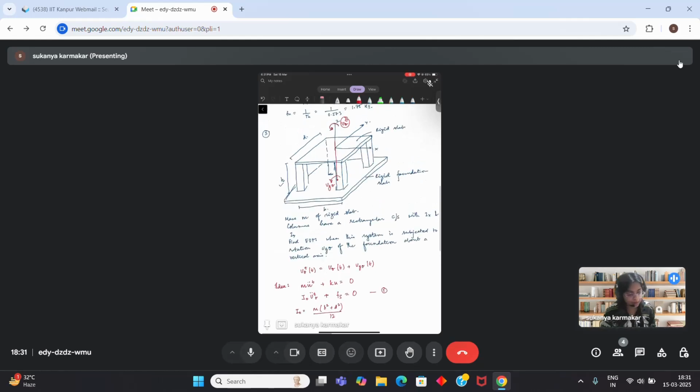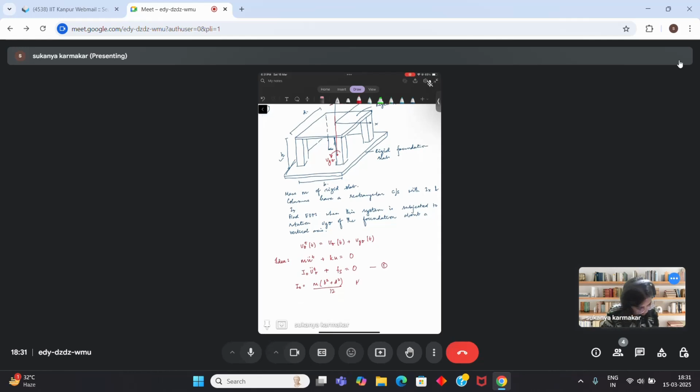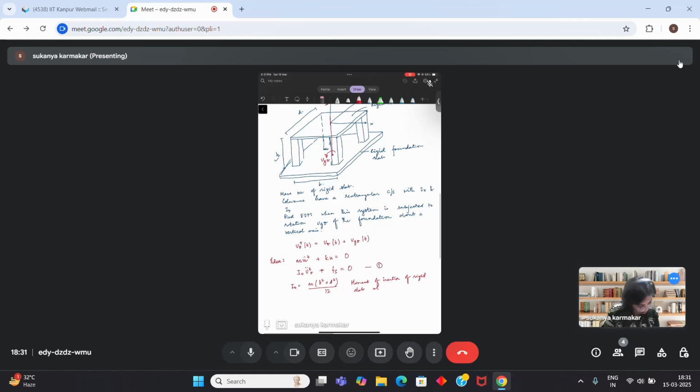This is the moment of inertia of the rigid slab about the z-axis. So is this clear?